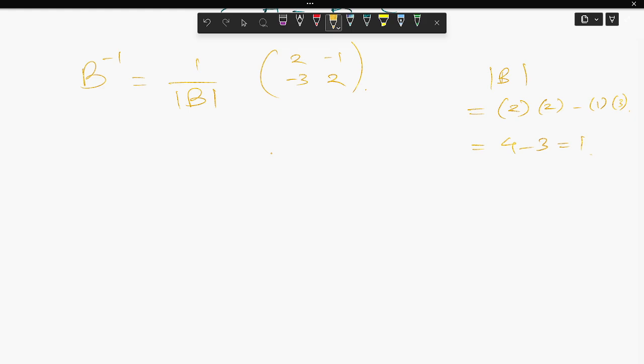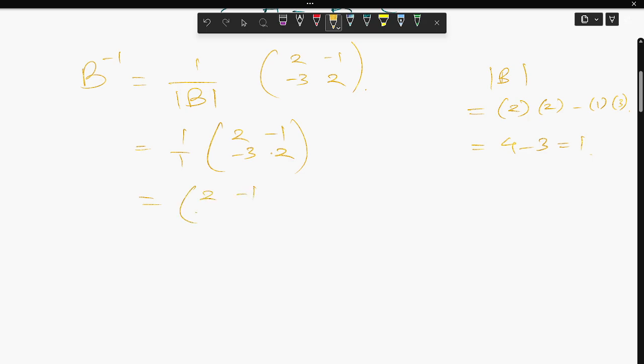As our determinant of B is 1, B inverse is 1 by 1 into the adjoint matrix of B. So finally we get B inverse equals [2 -1; -3 2].